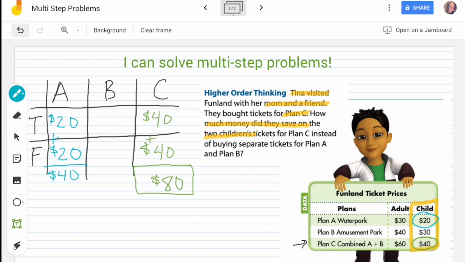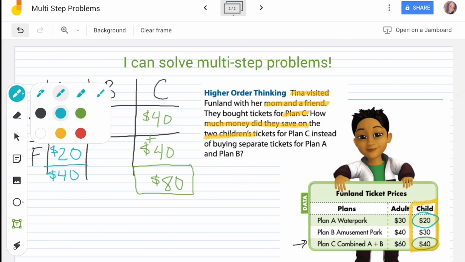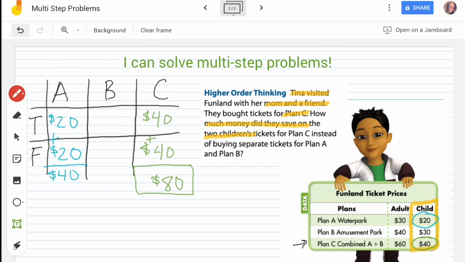So Plan A costs $40 for two kids. Now finally, let's take a look at Plan B. According to the data table, how much does each children's ticket cost? $30. Tina's ticket costs $30 and the friend's ticket costs $30. Altogether, how much money is that?